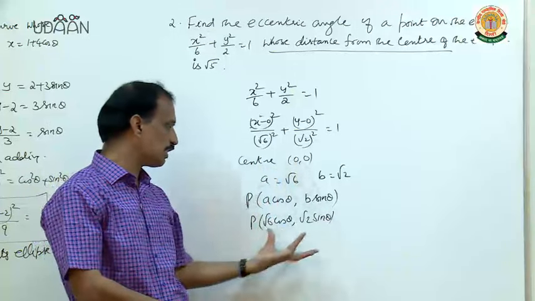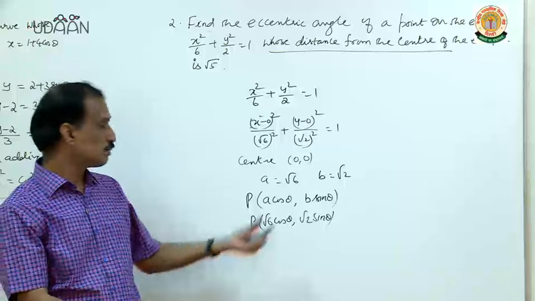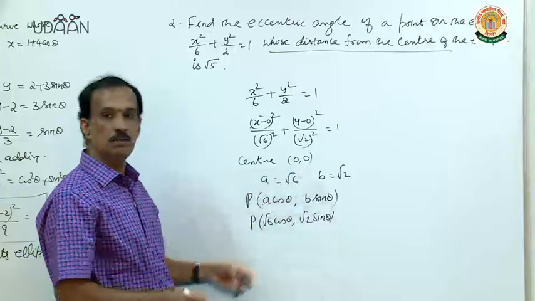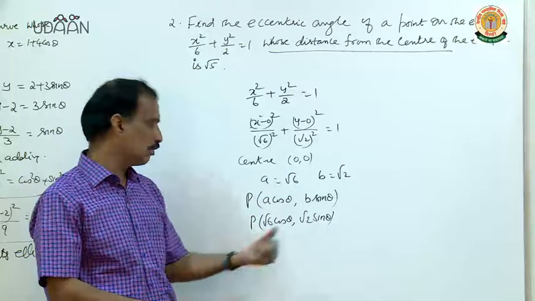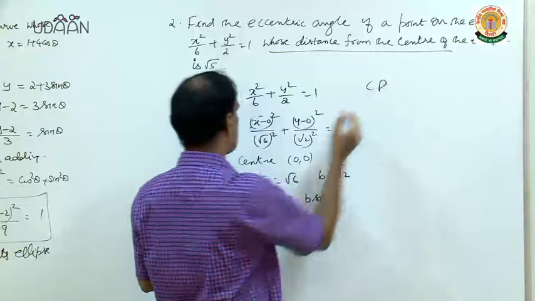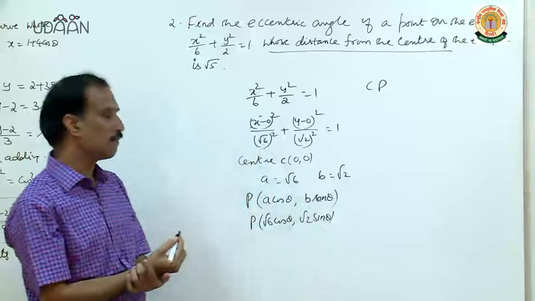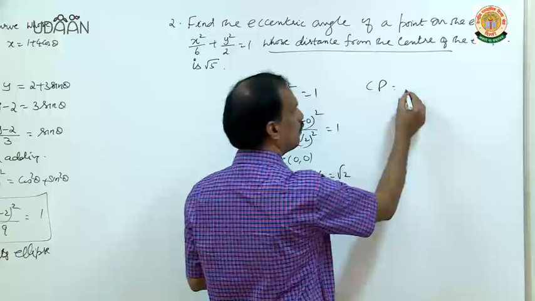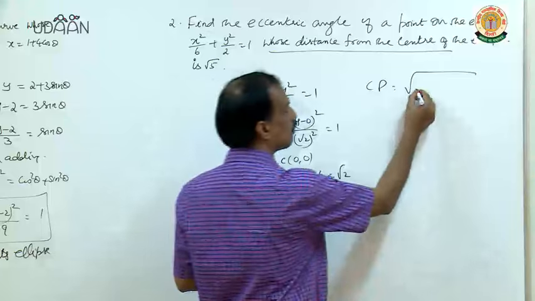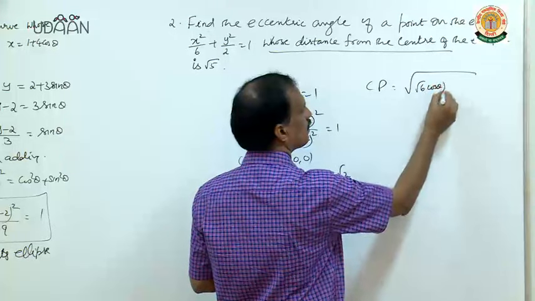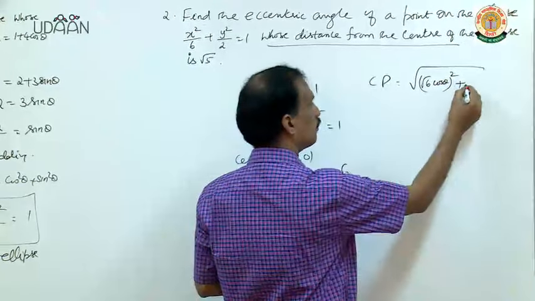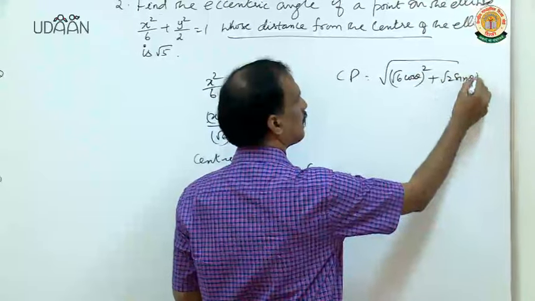So what is the distance of this point from 0, 0? How can we find the distance? We know two points, one is 0, 0 and another is P, in the x2, y2 format. So CP, if C is the center, equals root of 0 minus root 6 cos theta whole square plus 0 minus root 2 sin theta whole square.